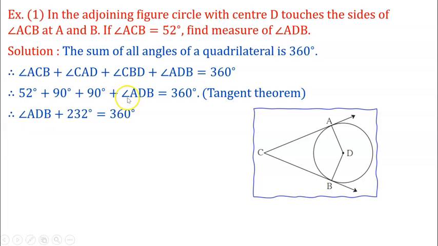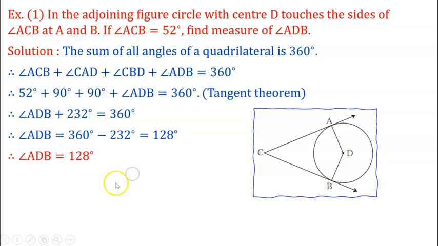The sum of 90 plus 90 plus 52 is 232, so measure of angle ADB is equal to 360 minus 232. Then you will get 128 degrees, and hence measure of angle ADB is equal to 128 degrees.